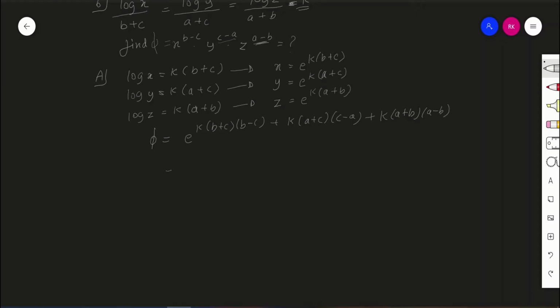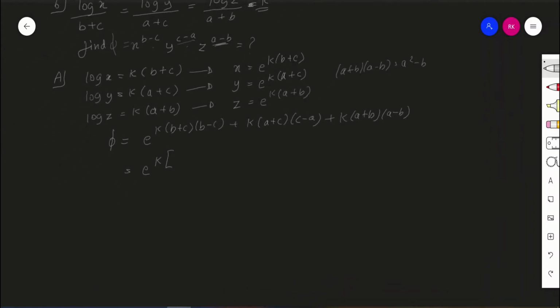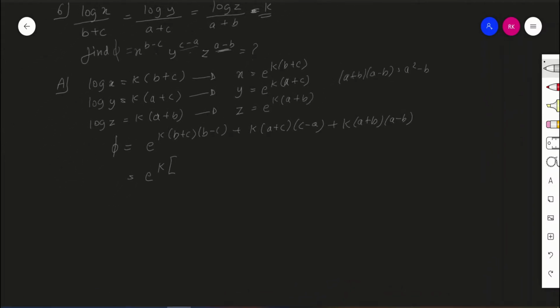Okay, so I'm going to take k as common, and a plus b into a minus b is equals to a square minus b square. So I'm going to do b square minus c square plus a square minus c square.